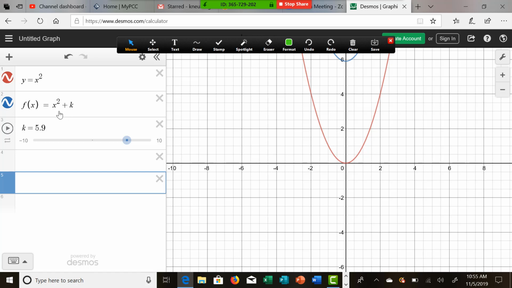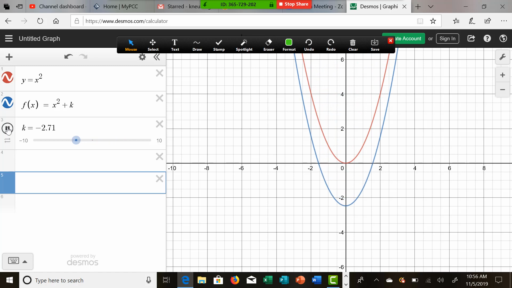That means that what we see in blue way up here is f of x equals x squared plus 5.9. Notice that your red graph is the original one, and it changed from being at 0 up to being at 5.9.